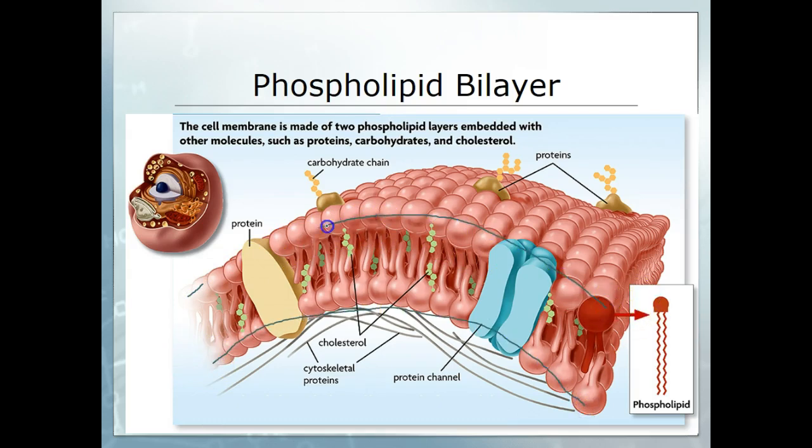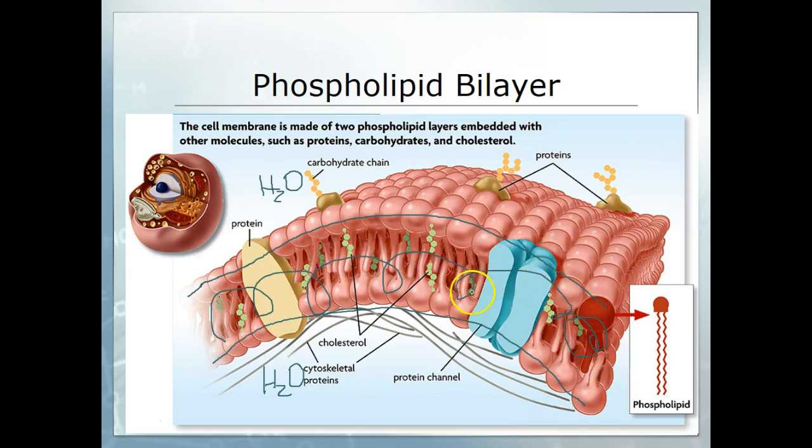And because the tails point towards the inside of this membrane, this produces this zone of hydrophobicity. Remember, the tails are hydrophobic, meaning they fear water. The heads are hydrophilic, meaning they love water. And so we have H2O out here, and we have H2O in the cell. The only place where we don't have water is right through the middle of the membrane.